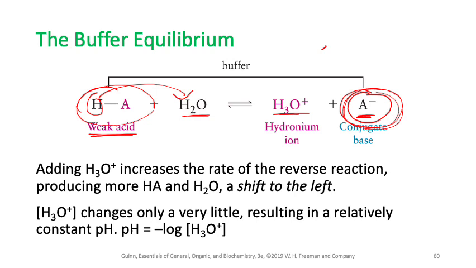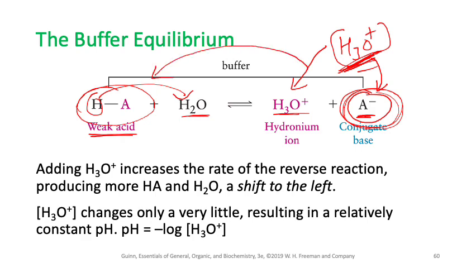For example, if I put more H3O plus in this solution from outside, if I increase the concentration of the hydronium ion, that means I'm decreasing the pH, because I'm making it more acidic. So what happens is the extra hydronium ion that you are putting in the buffer system is going to react with the conjugate base, and the reaction will go towards the left side.